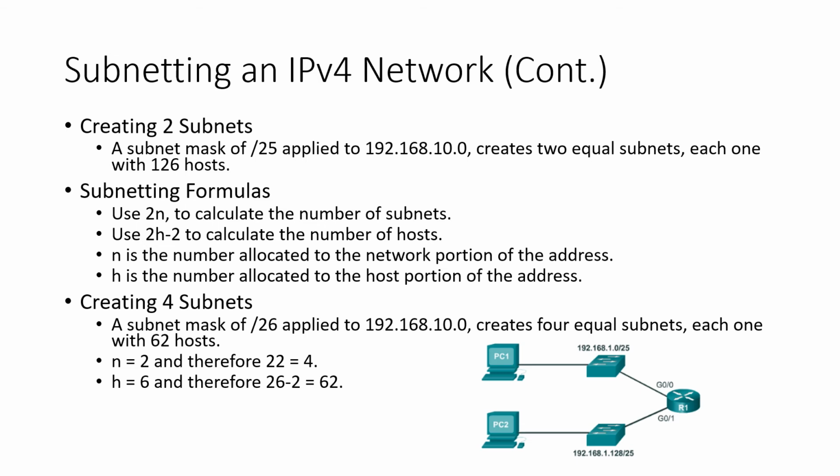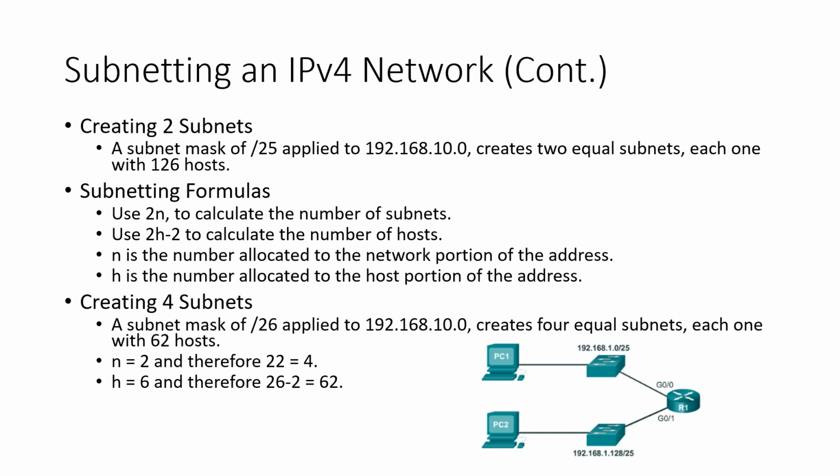Subnetting formulas, okay: use 2^n to calculate the number of subnets, use 2^h minus 2 to calculate the number of hosts. n is the number of bits allocated to the network portion of the address, h is the number of bits allocated to the host portion of the address.